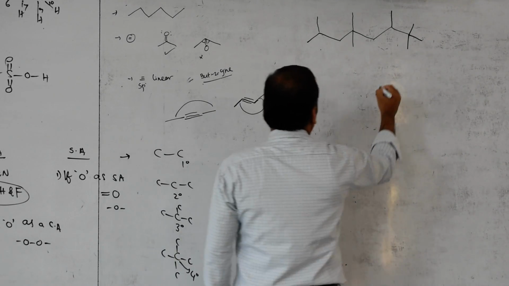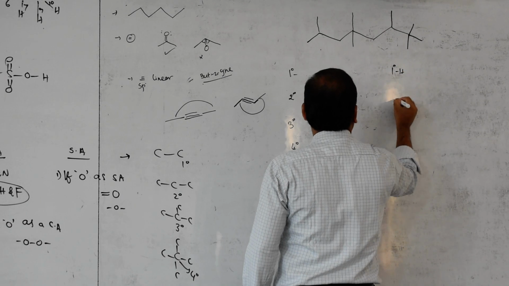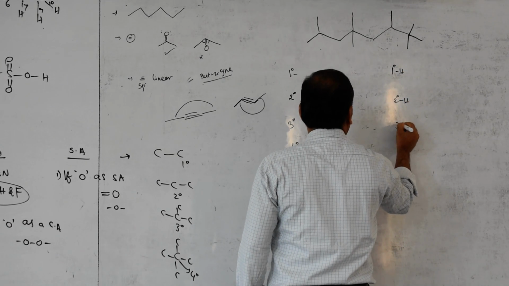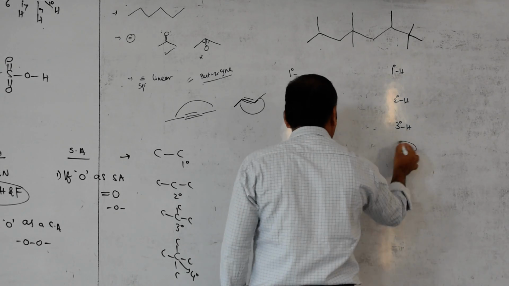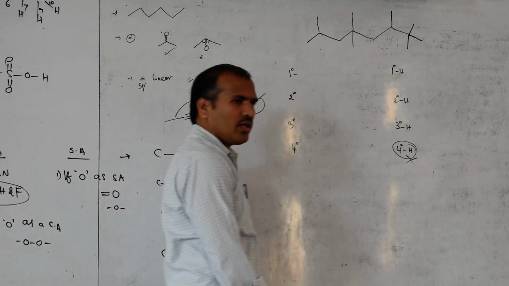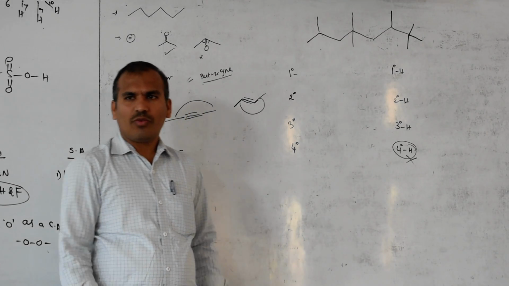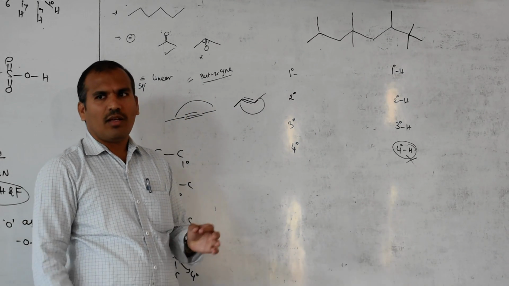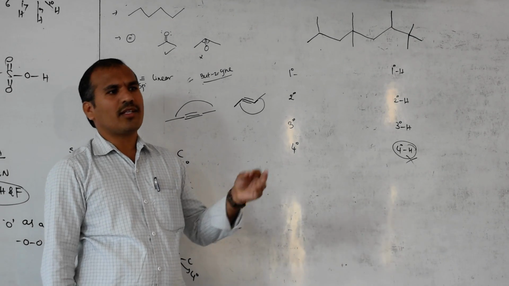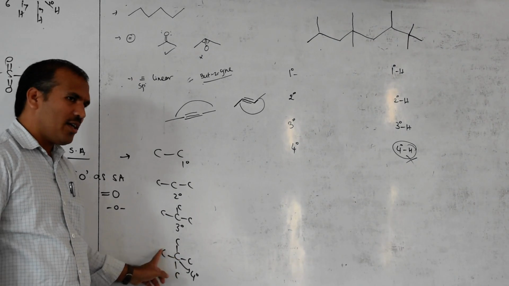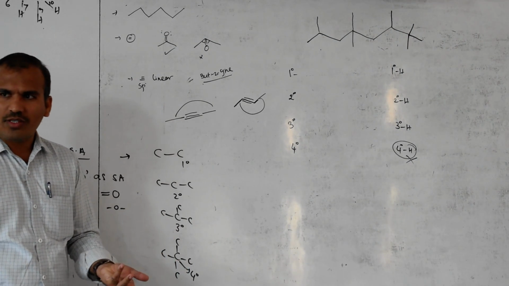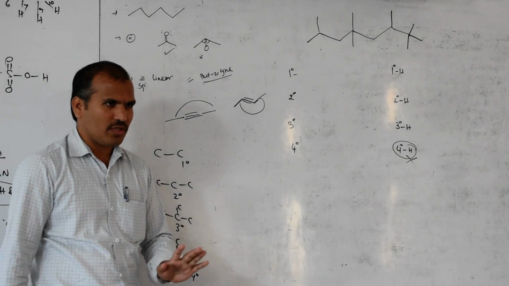Also find out the primary, secondary, tertiary and quaternary hydrogens. Generally quaternary hydrogen is not possible. Because, what is a primary hydrogen? At a primary carbon, how many hydrogens are there? Those are primary hydrogens. A quaternary carbon is already fully bonded, so how many hydrogens are there? Zero. So quaternary hydrogen is not present.